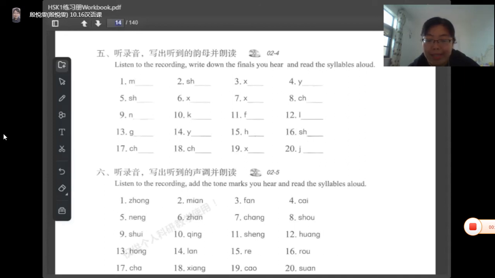Next one, 西, it's very easy, 西 instead of 蟹. Last one, 家. Very good. Can you remember the meaning of 家? Home, yes, home, family. Very good.